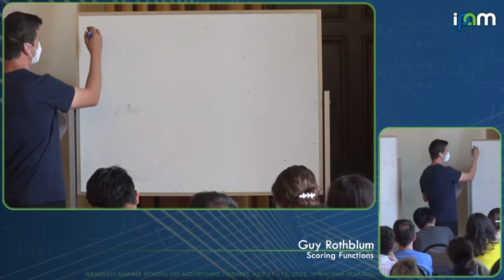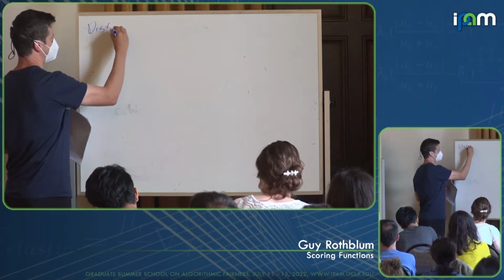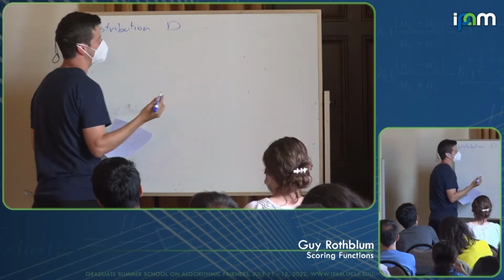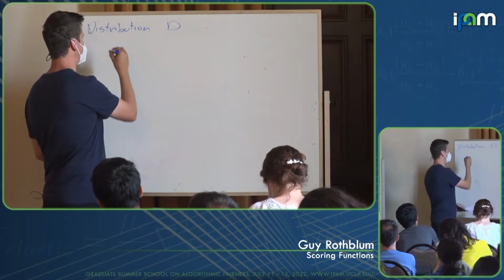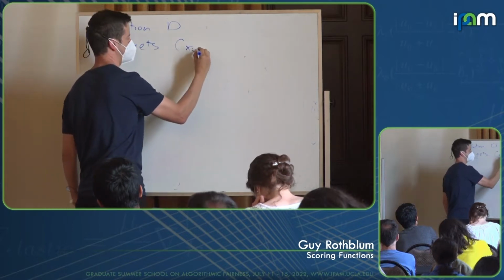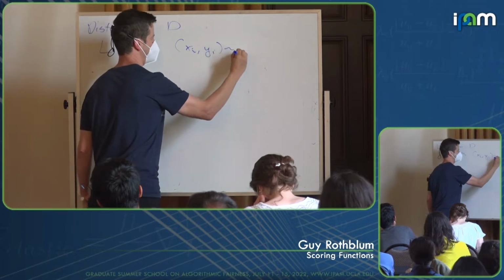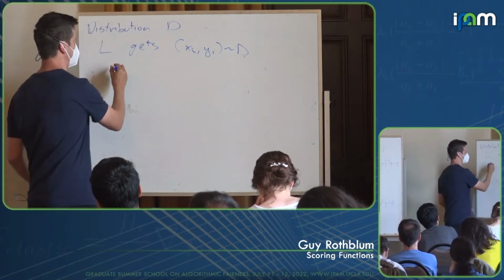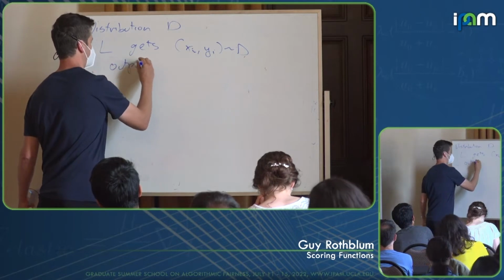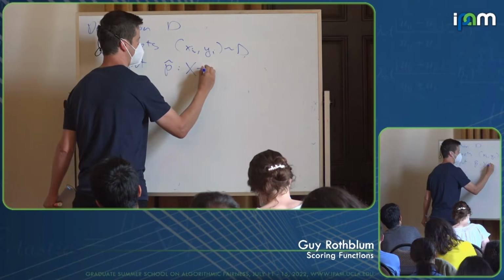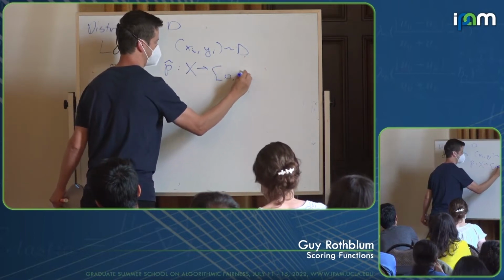So just quickly, we have again our familiar friend, the distribution D. We have our learning algorithm that gets samples xi, yi, drawn iid from D. So there is some underlying distribution, and we output a predictor, a risk predictor, or scoring rule, p tilde, mapping individuals to scores between 0 and 1.